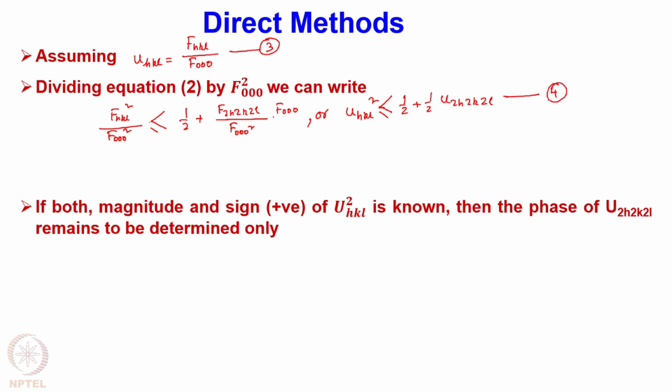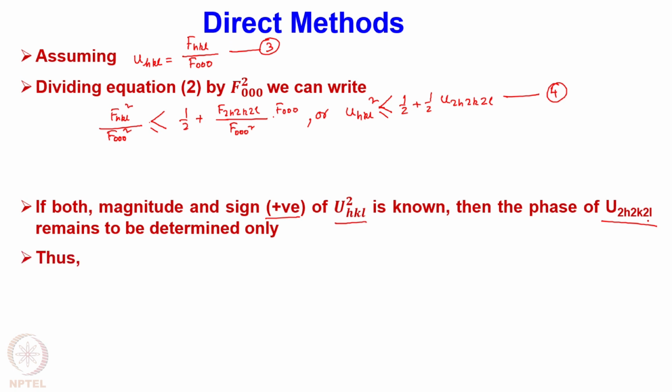If both the magnitude and the positive sign of U_HKL square are known, then the phase of U_2H2K2L remains to be the only parameter that has to be determined.